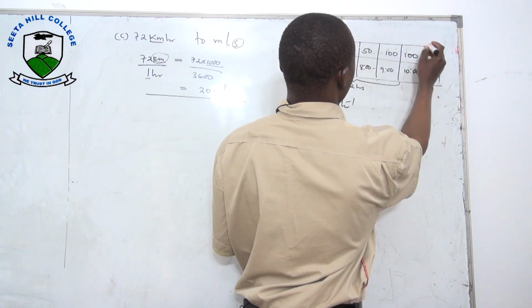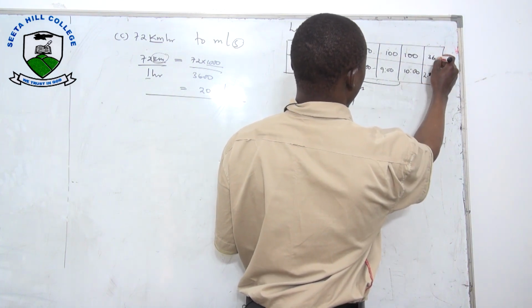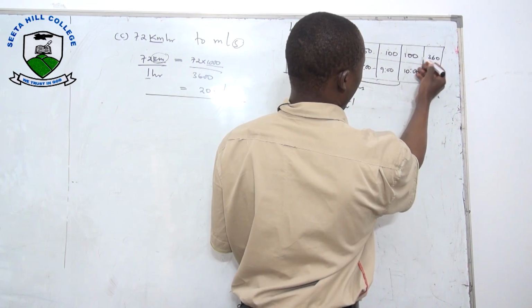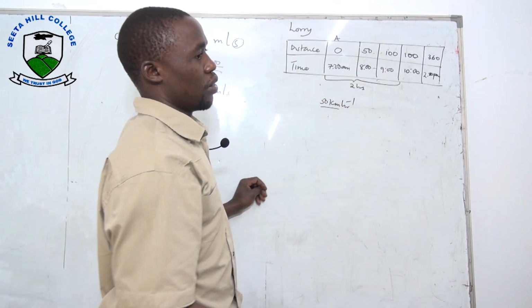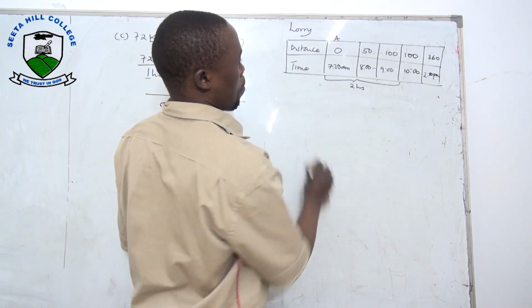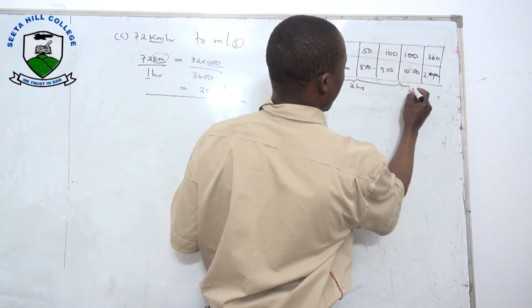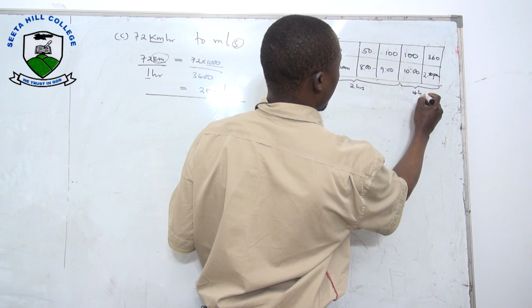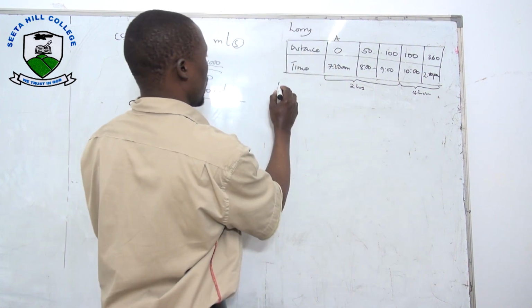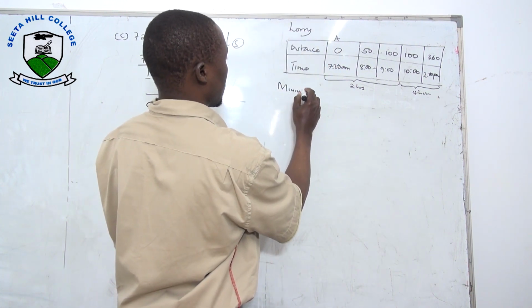Because the total is 360, not so. The distance here, you'll know it. We shall calculate it later. How many hours are these? 4 hours. Okay, go to a minibus.